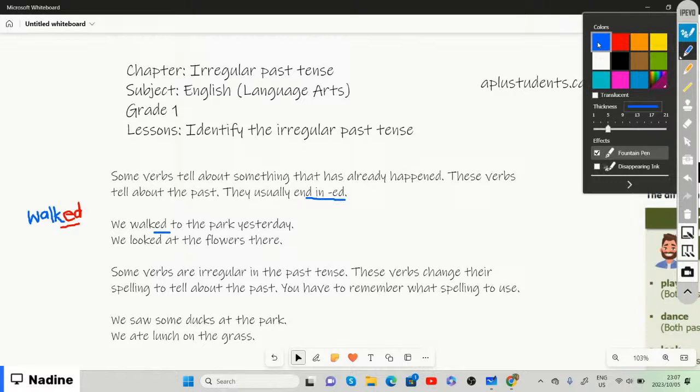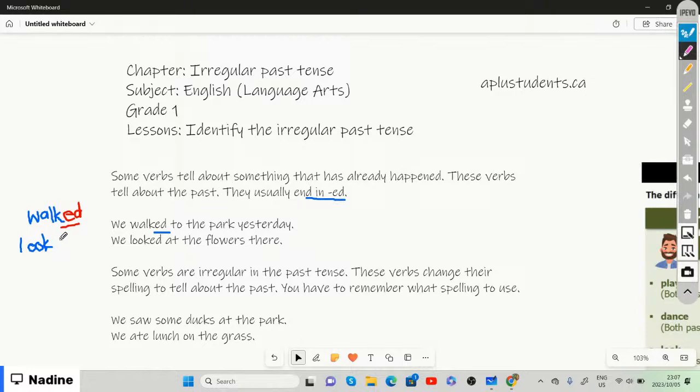Another example is, we looked at the flowers there. Looked. The normal present verb is to look, something that we're doing now. But in the past, we looked at the flowers there yesterday.